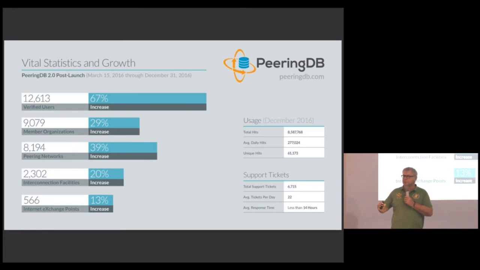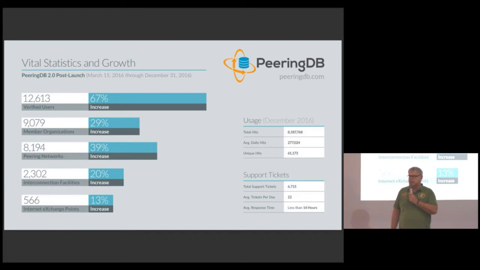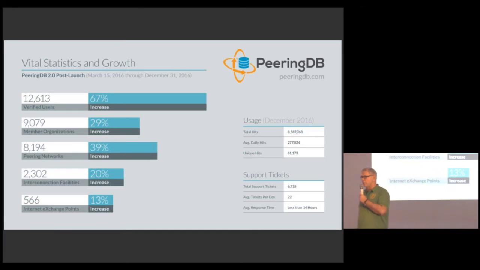This is also a new type we now have: an organization, and an organization may have records such as a network, a facility, or an exchange point. We also have a steep increase of roughly 40% in peering networks, 20% in interconnection facilities, and also an increase of 13% in internet exchange points.